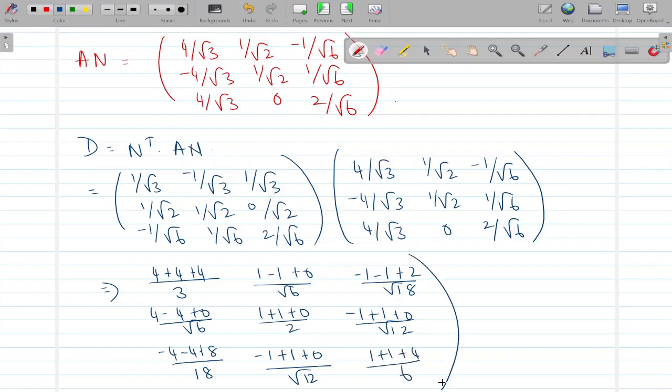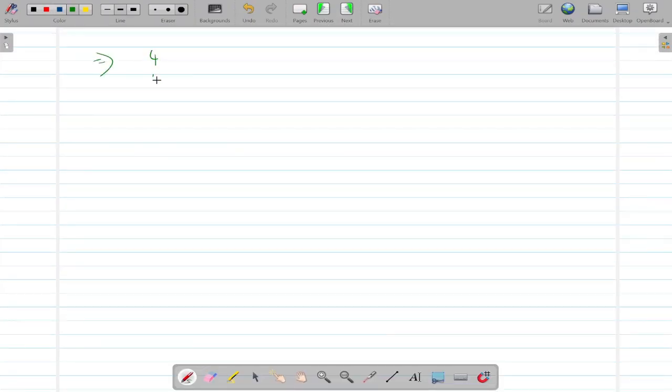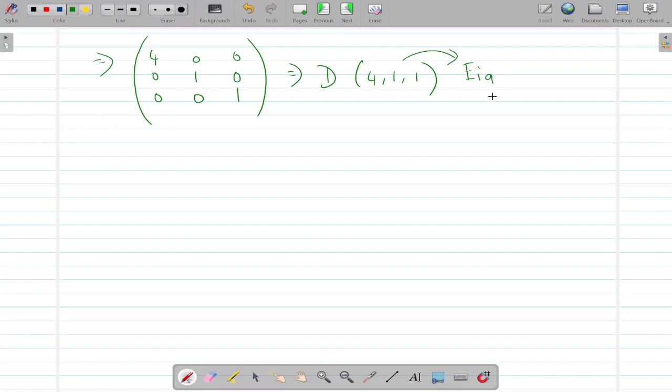Now by solving this, I get 4 0 0, 0 1 0, 0 0 1. So I can write it as D equal to diagonal 4, 1, 1. So these 4, 1, 1 are nothing but the eigenvalues. If the D values and the eigenvalues which you got previously are both correct, then the diagonalization using orthogonal transformation which you did was correct. If not, then you leave the sum in the exam and move to the next sum.